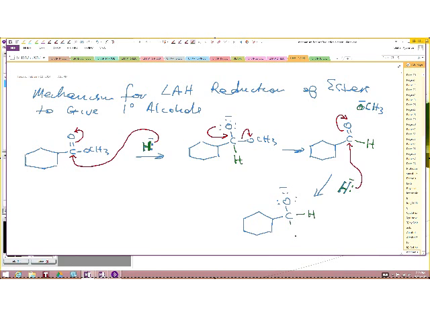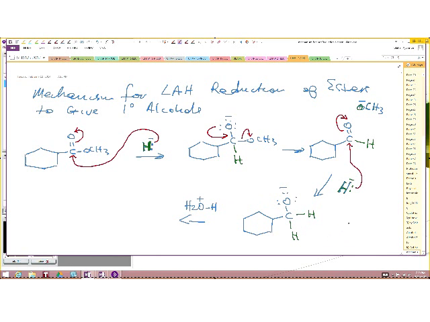These two hydrogens now came from lithium aluminum hydride. Okay? And now what happens at this point? What do you think will happen now? We are now going to add the dilute acid. You add the dilute acid, so what's going to happen?